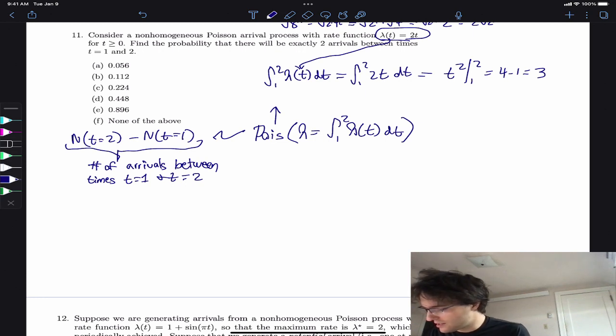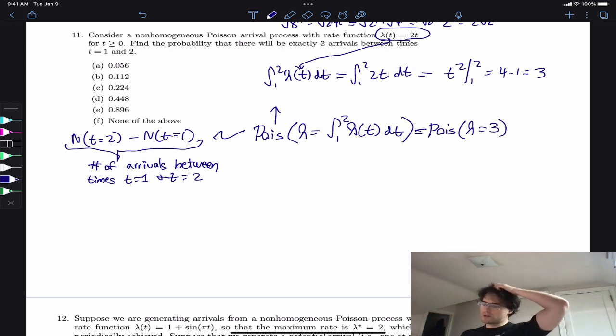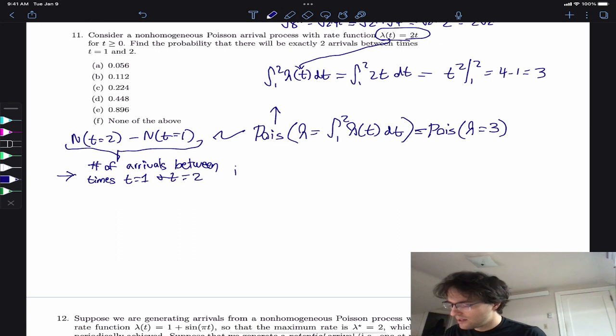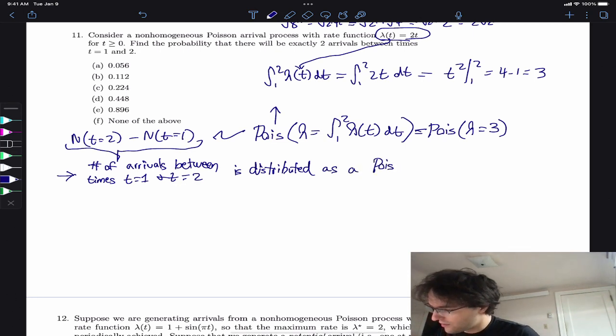So this is a Poisson with lambda equal to 3. In plain English, or as close to plain English as we're going to get in this class, the number of arrivals between times t equals 1 and t equals 2 is distributed as a Poisson random variable with lambda equal to 3.